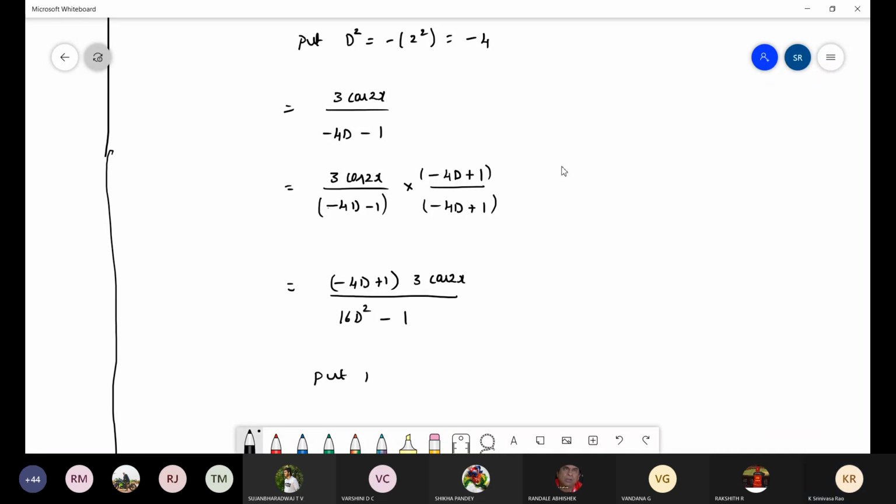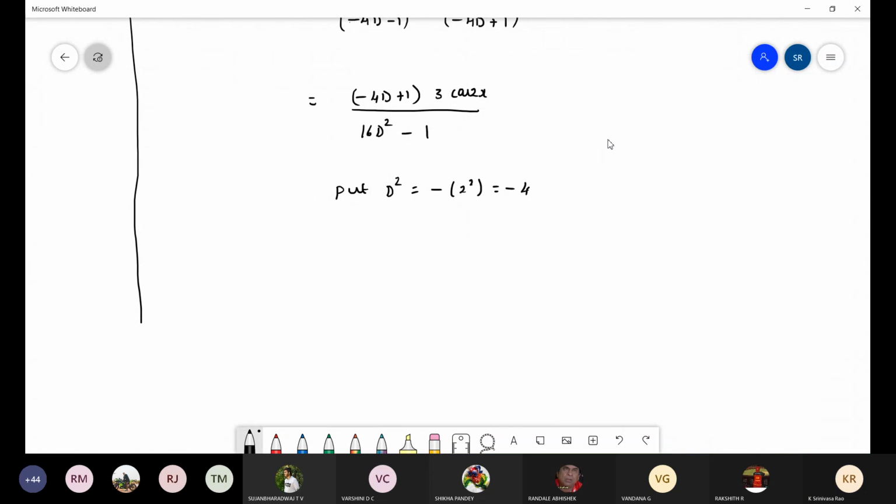Now put d square equals minus 2 square, that is minus 4, and multiply the numerator: minus 4 into 3, I will write first 3 into differentiation of cos 2x, d into cos 2x, plus 1 into 3 cos 2x, divided by 16 times minus 4 minus 1.